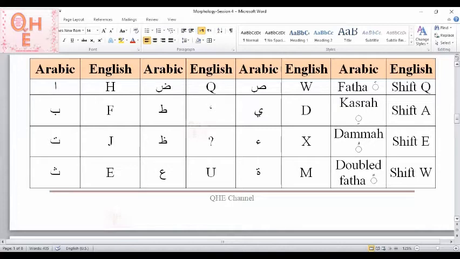If I want to type ta, I'm going to use the letter J key. Tha, I'm going to use the letter E key, and so on. I'm not going to read all the characters on the table. Please take a look. You can take a snapshot, or you can pause and write in your notebook. There are two more tables. Let me show you the tables, please.